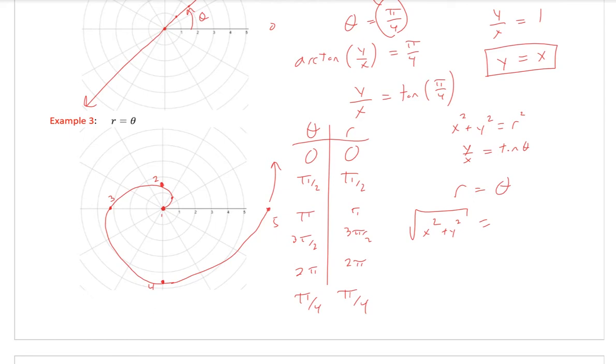And theta, like we did before, I can replace with arctangent of y over x. You can square both sides if you want to, but you get x squared plus y squared equals arctangent squared of y over x. Not a very pretty function, but that makes sense. This is not something that makes sense in most Cartesian functions. We can't really isolate either y or x.